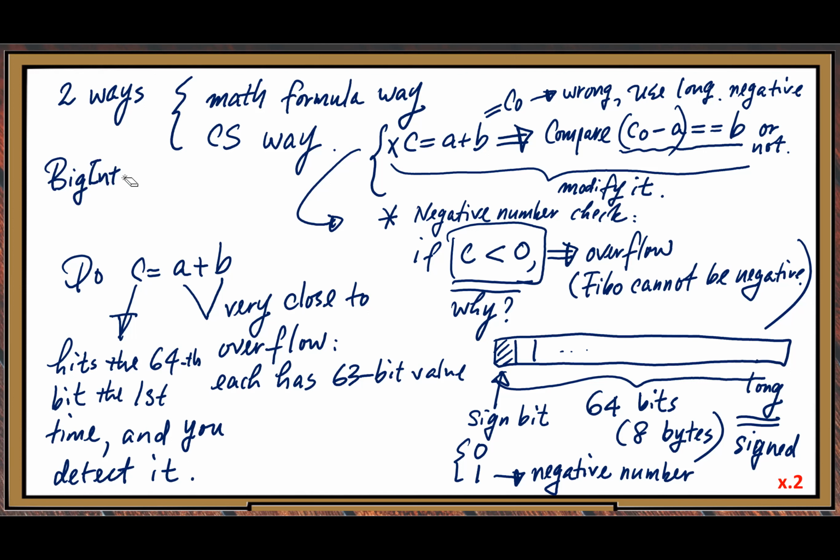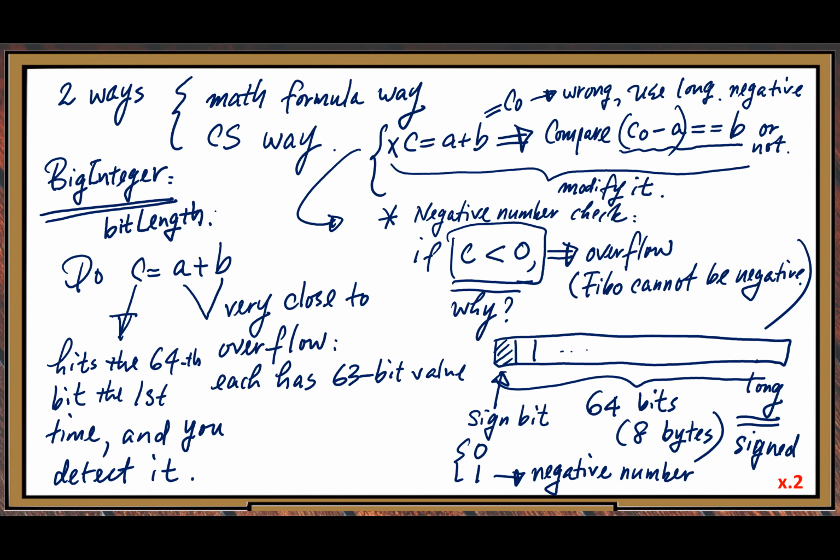But the question is, how do you use BigInteger to find the answer for unsigned 64-bit overflow? This class has the bitLength method, which can give us the number of bits.